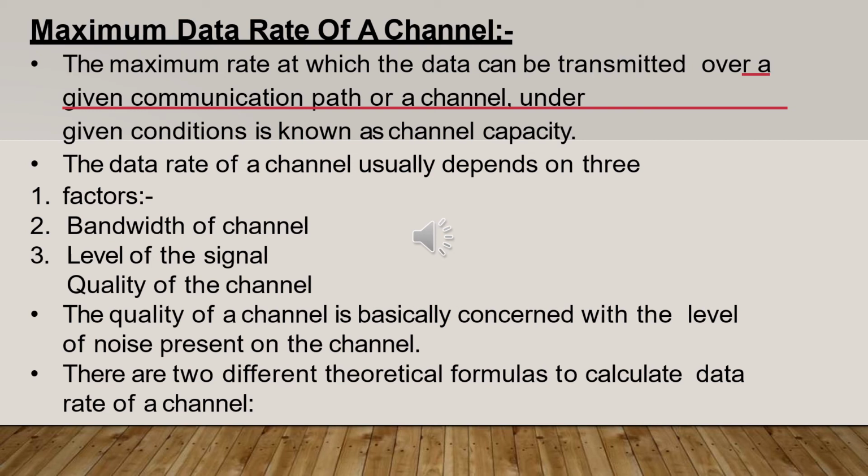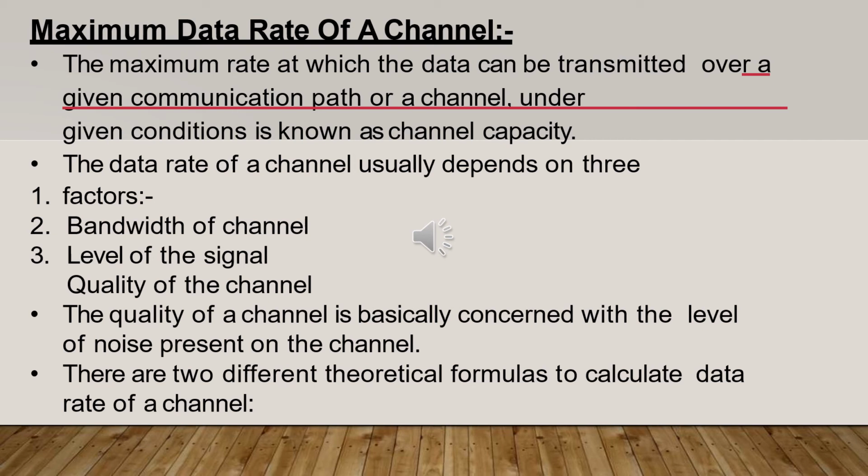First is the bandwidth of the channel, next is the level of the signals, and further we have the quality of the signals, that is, the quality of the signals which we are using. The quality of the channel is basically concerned with the level of noise present in the channel.